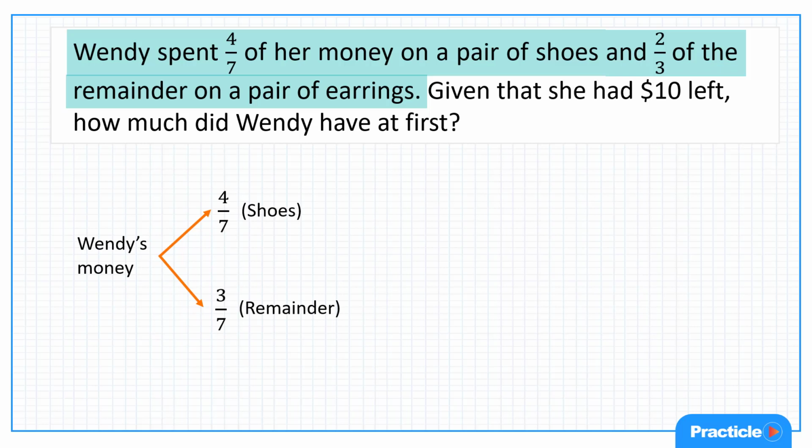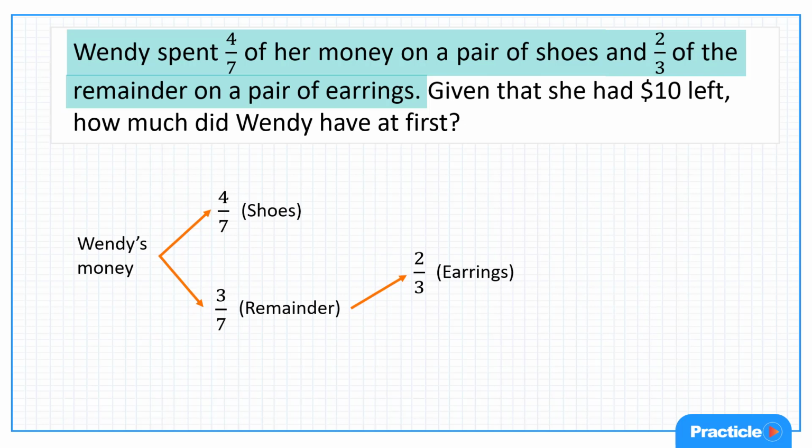Since we know that Wendy spent 2/3 of the remainder, we are going to split this remainder that we have over here into two parts as well. And what two parts are we splitting this into? Once again, the first part is going to be what we know. So that's the fraction that she spent on the earrings. And what about the second part?